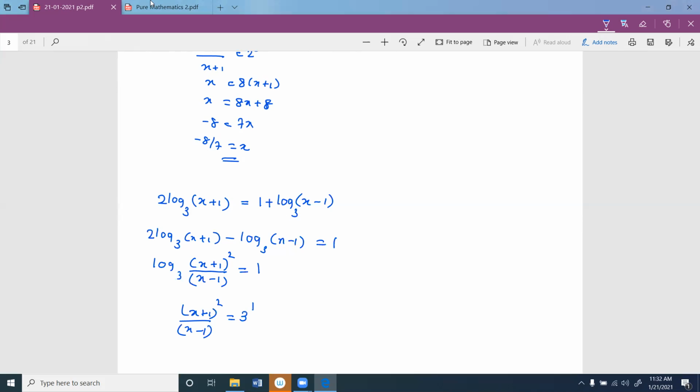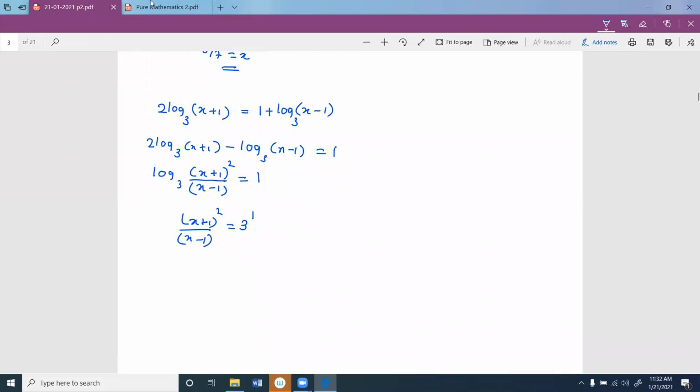Then we can simplify this. If you expand, x squared plus 2x plus 1 equals 3 times (x minus 1), by cross multiplying. So x squared plus 2x plus 1 is equal to 3x minus 3, and if you bring it to the other side, x squared minus x plus 4.